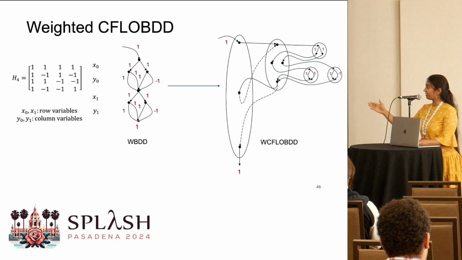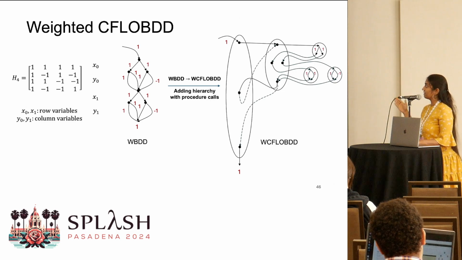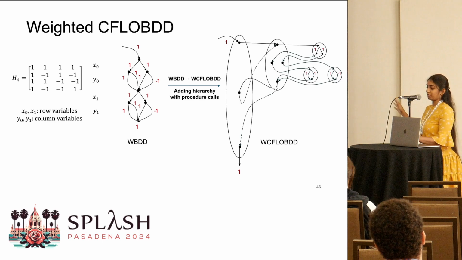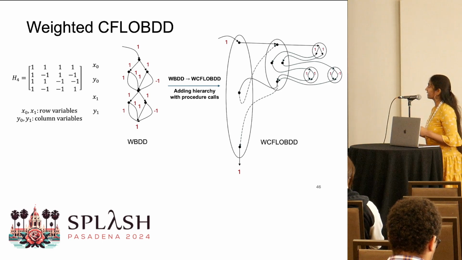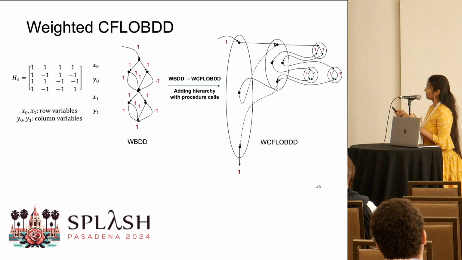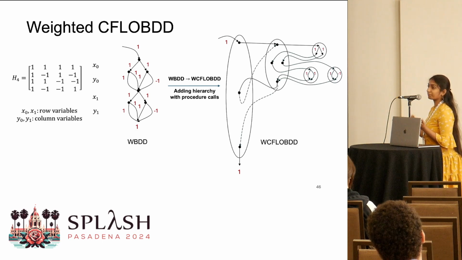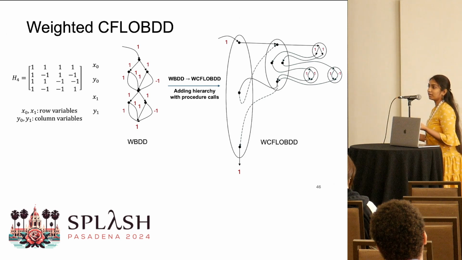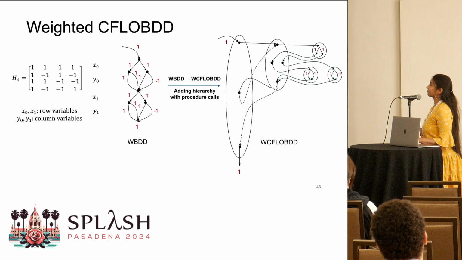So when we are moving from weighted BDDs to weighted CFLOBDDs, we are adding hierarchy with this procedure call mechanism. What do I mean by procedure call mechanism? Let's consider this as a procedure, which is being called from two different call sites, and depending on the call site, you are returning to a different point in the original caller.